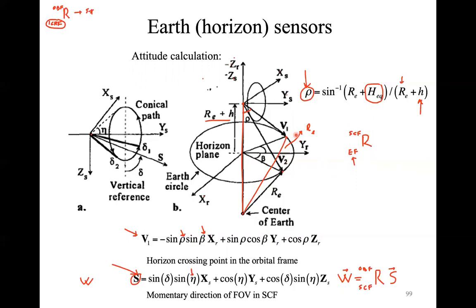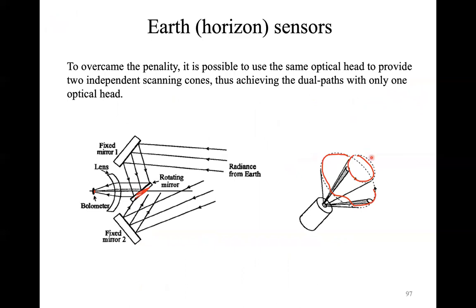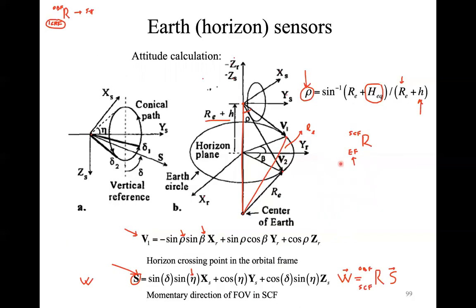The only measurements that we get are the ones from an Earth sensor that gives 4 crossing points. Here only 2 are represented, but if you have a dual scan, as we have seen here, you have another 2 crossing points, so you are crossing the horizon plane of the Earth.